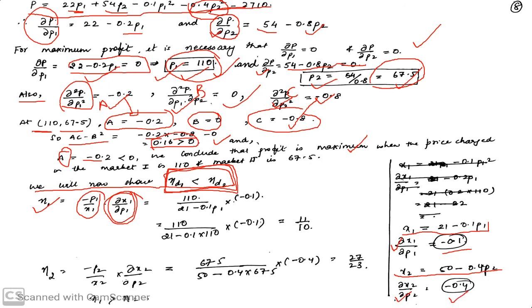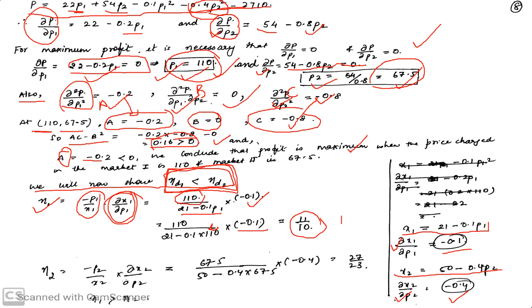P1 प्राइस we have got 110, ठीक है। x1 जो है हमारे पास 21 - 0.1 P1 है और ये जो वैल्यू आई है delta x1 -0.1 आई है, आप P1 की जगह पे 110 डालो, राइट, और यहाँ पे 0.1, you get the value as 11/10, that comes out to be 1.1, right.